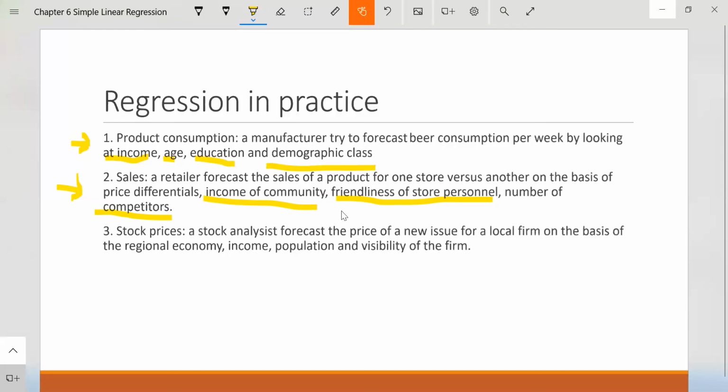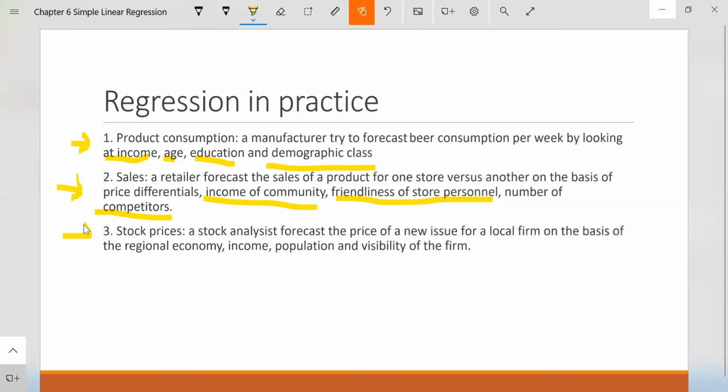And this actually relies on what we will learn in the next chapter, multiple linear regression, where we will include all of these variables in the regression. And then we will be able to say, well, what if we have the same income, the same store staff, and the same number of competitors? Then we compare the effect of price differential on the sales of the product.